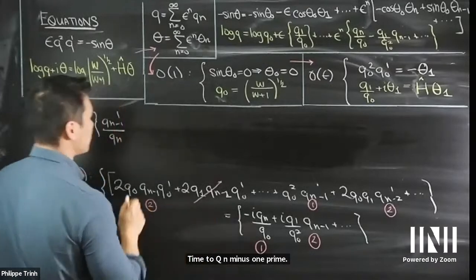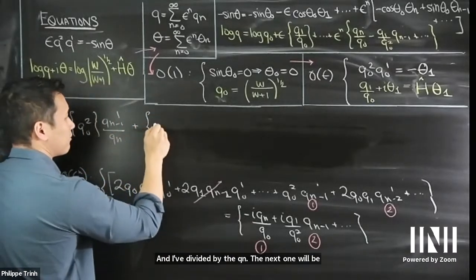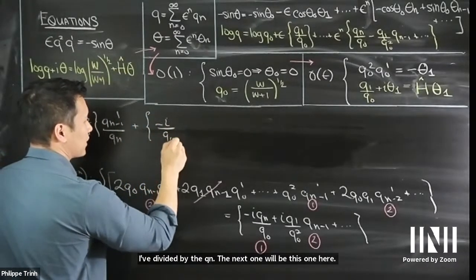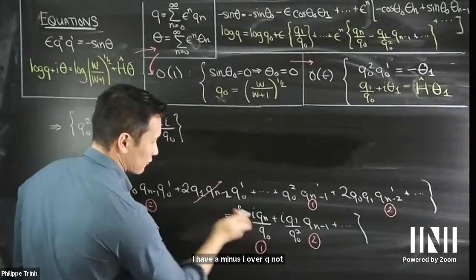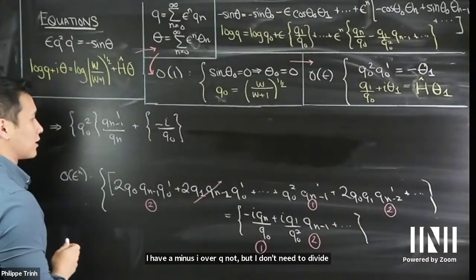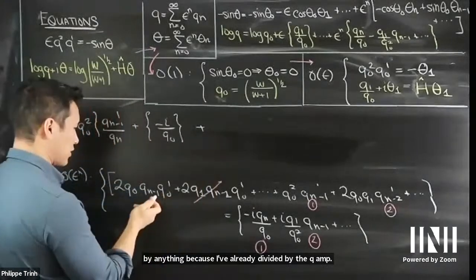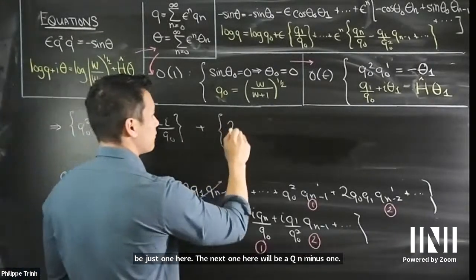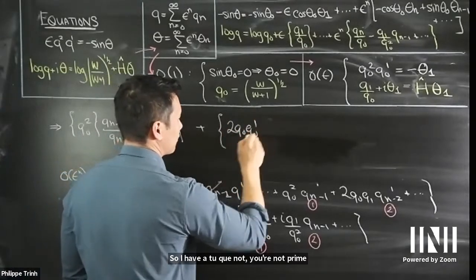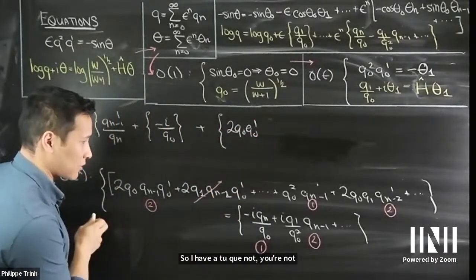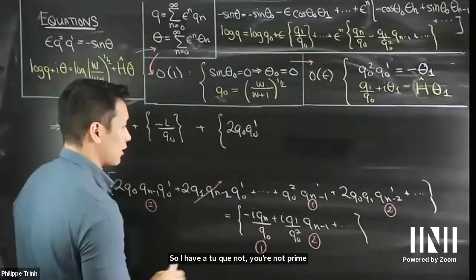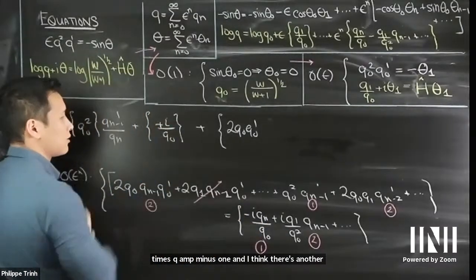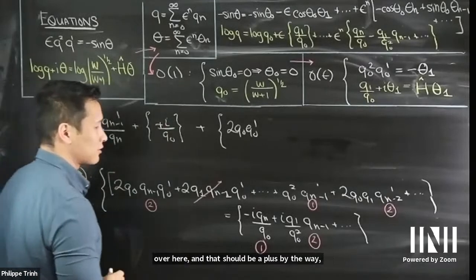The next one will be this one here. I have a minus i over q naught, but I don't need to divide by anything because I've already divided by the qn, so that should be just a 1 here. The next one will be a qn minus 1. So I have a 2q naught prime times qn minus 1, and there's another one over here, and that should be a plus, by the way, because it's been moved to the left.